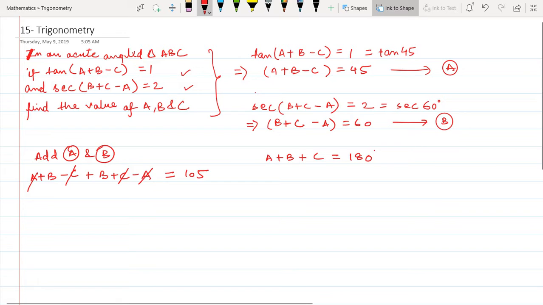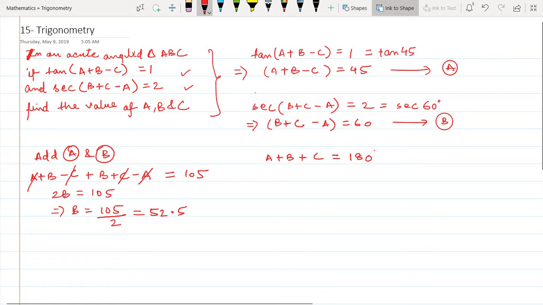So I get 2B is equal to 105, and this implies that B is equal to 105 by 2, which is equal to 52.5.